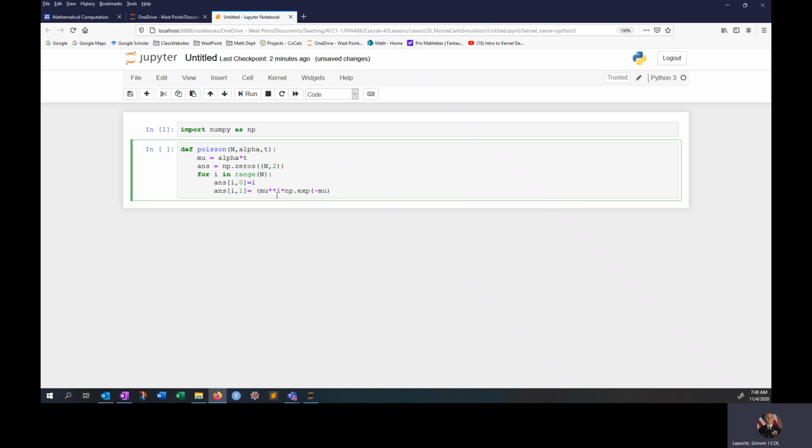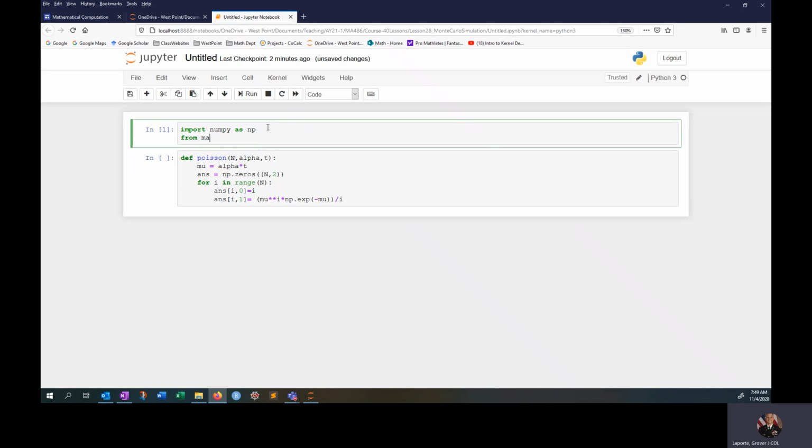Yep, negative mu. And then all divided by i factorial. Ooh, I need to import math. So from math import factorial. Yeah, that works. And then I need factorial i. That's all we need. Close off all my parentheses. I usually have to look at that.